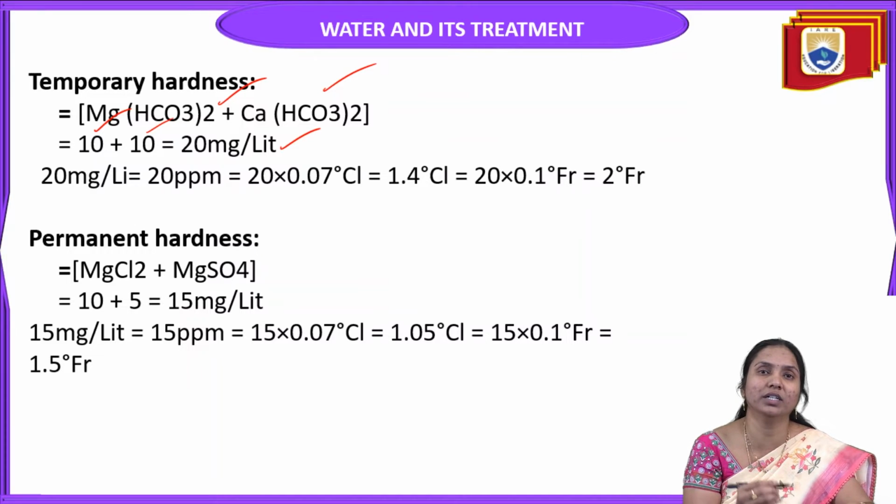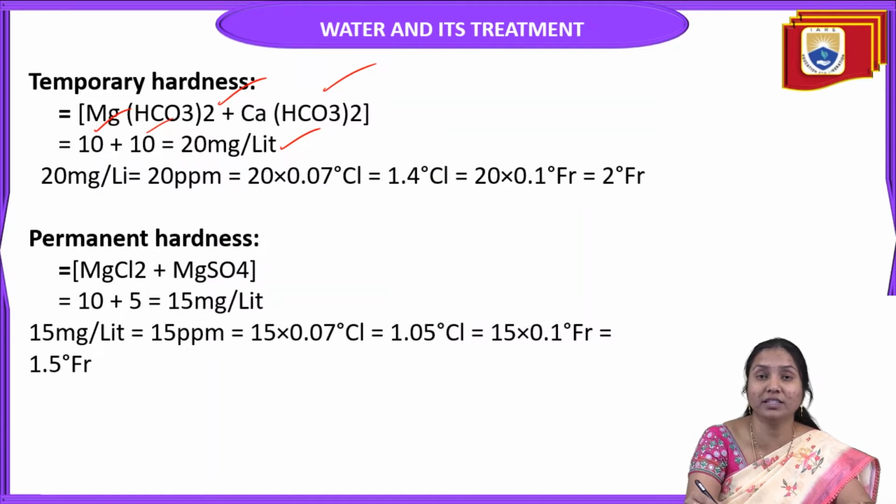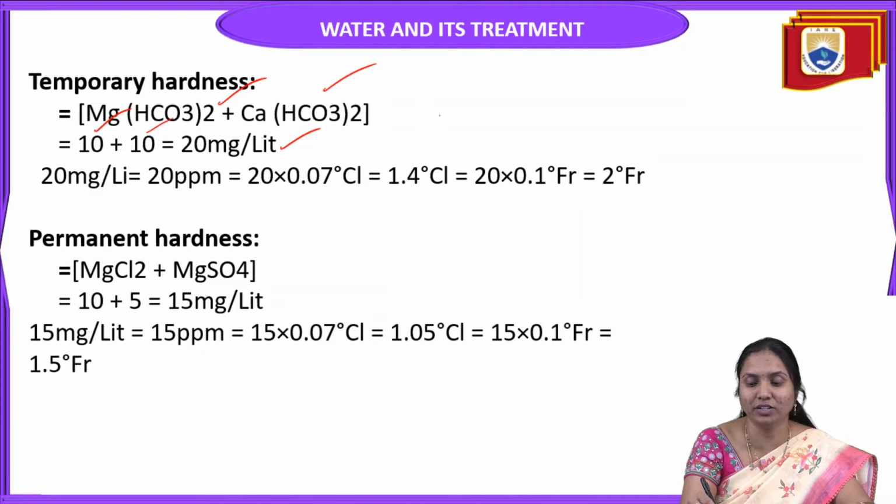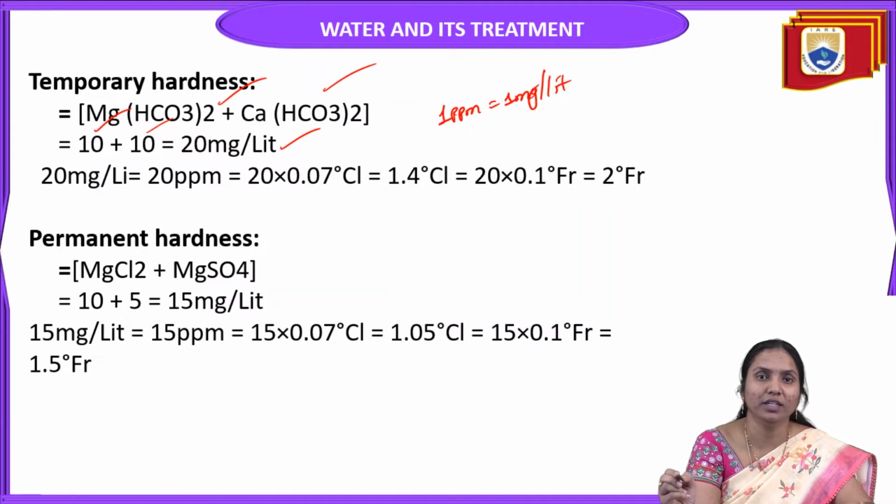So how can we convert this temporary hardness into degree of Clerk and degree of French? You should remember the basic relationship between all the units of hardness. That is, 1 ppm equals 1 milligram per liter. Both are equal.